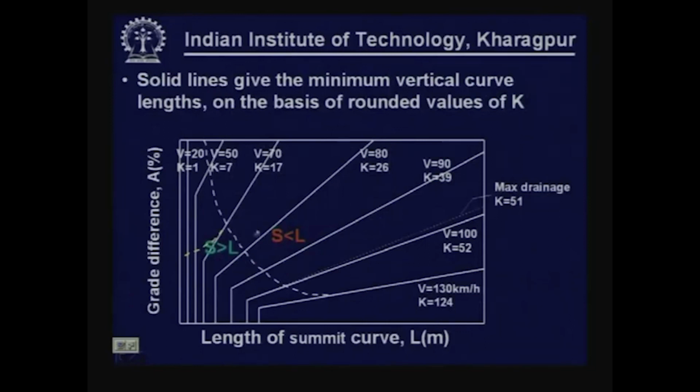You can obviously see these are basically just straight line equations. So, for every percentage change in grade, the length of the curve, or k value, can be obtained very easily. It is a simplified expression, because if you take this dotted line which represents S equal to L, then the right side is a convenient expression of design control, because these are essentially straight lines.